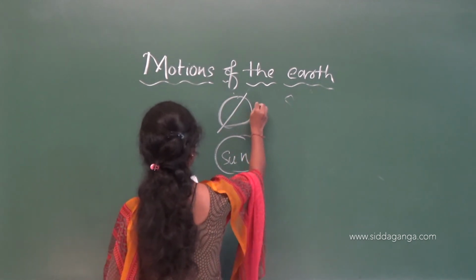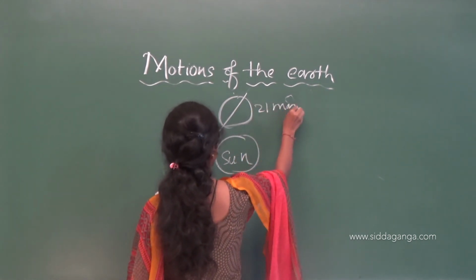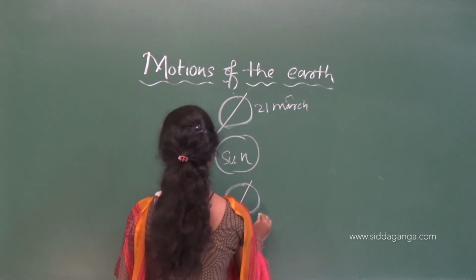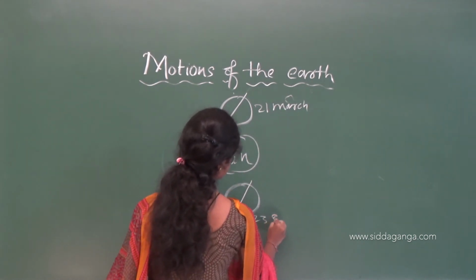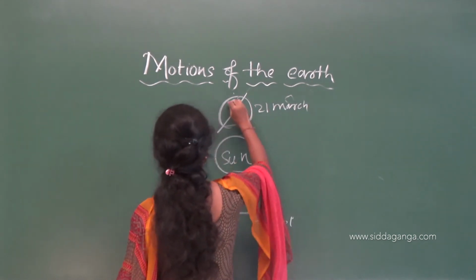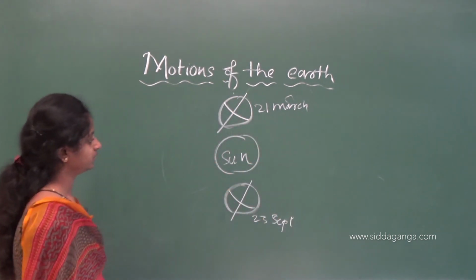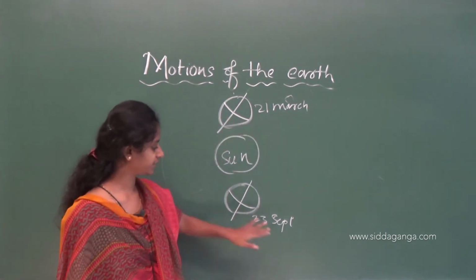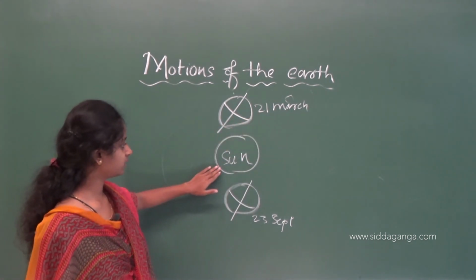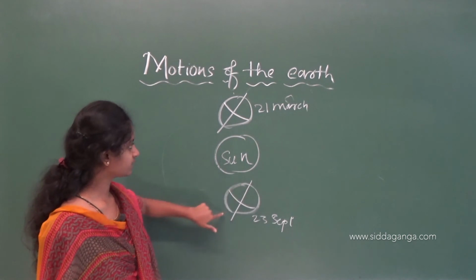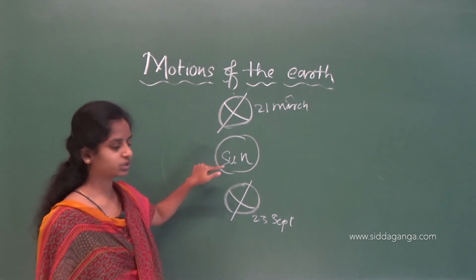Okay, 21st March and here 23rd September. This is the equator and this is the equator. See here, on 21st March and the 23rd September, neither of the poles will be tilted towards the sun.